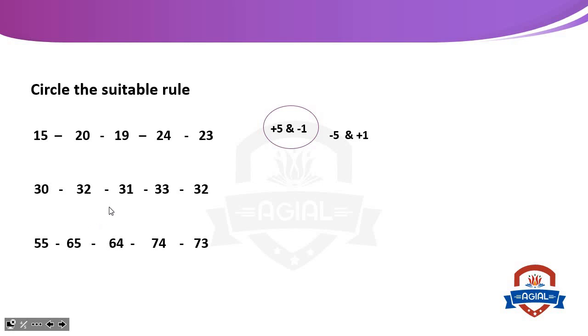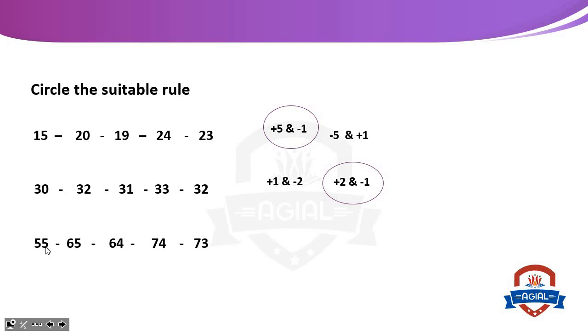The second rule will be negative 1. 31, to make 31, 33, we have positive 2. 33, to make 33, 32, negative 1. So the two rules here will be positive 2 and negative 1. Is it positive 2 and negative 1? Yes. So make a circle in positive 2 and negative 1.